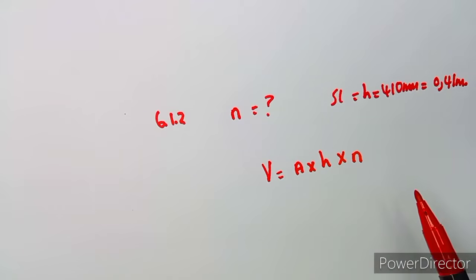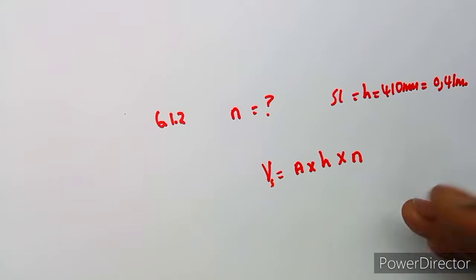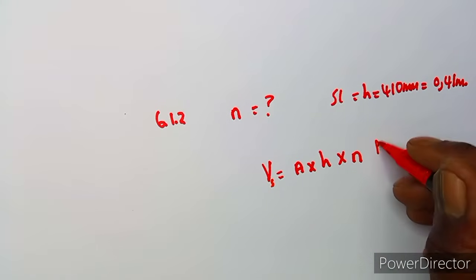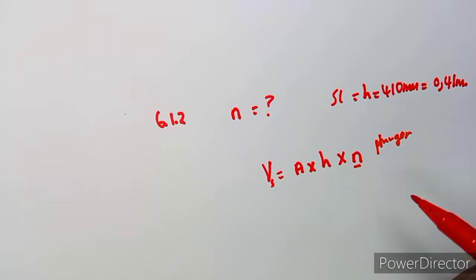That is what we have in this case. So if this is the volume that we have on the plunger, and it has n, the number of pumping strokes, inside, then what is the relationship between the two?